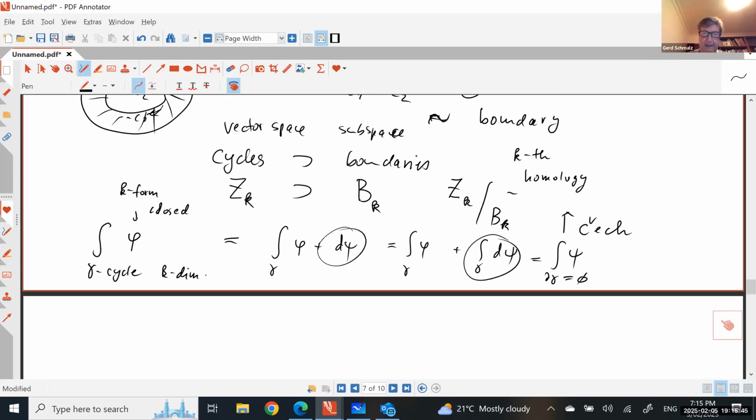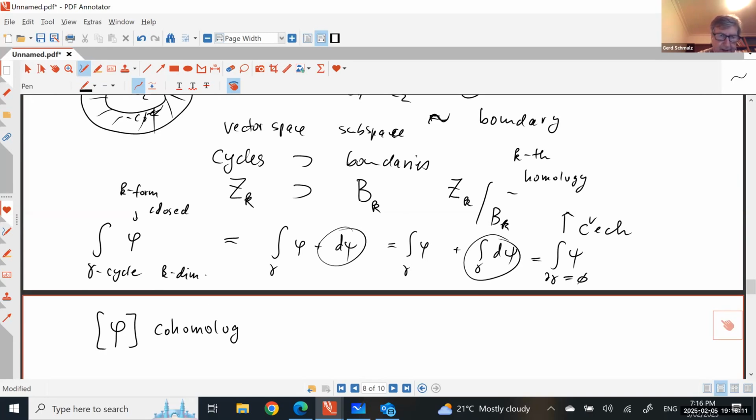So we can add whatever exact form here, and sometimes these exact forms are also called coboundaries. So I can add an exact form and nothing will change. So this integral depends not on phi, but on the cohomology class of phi.